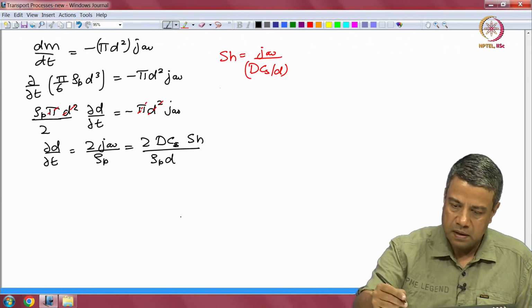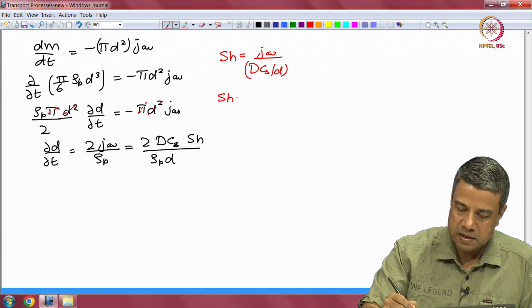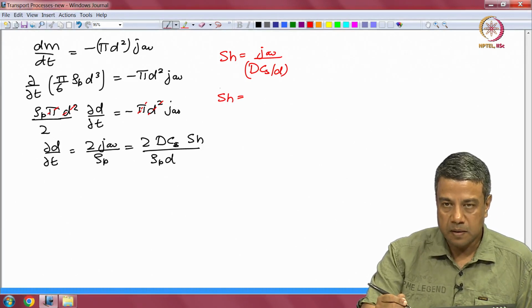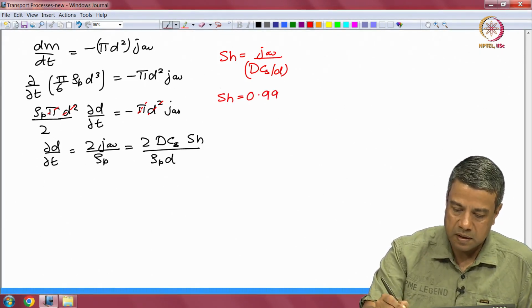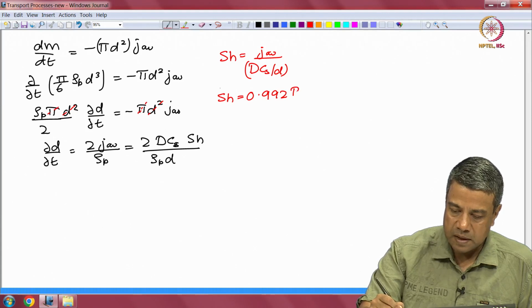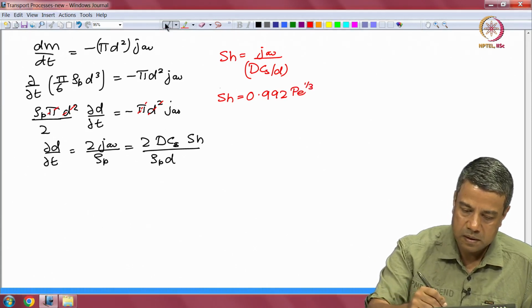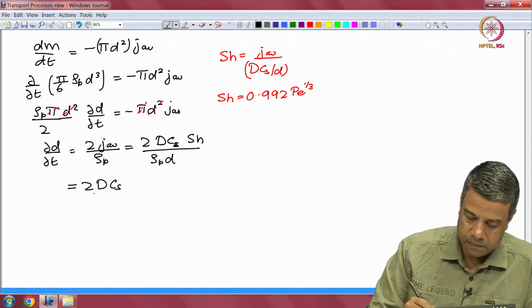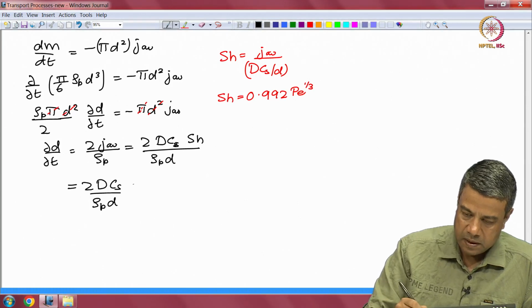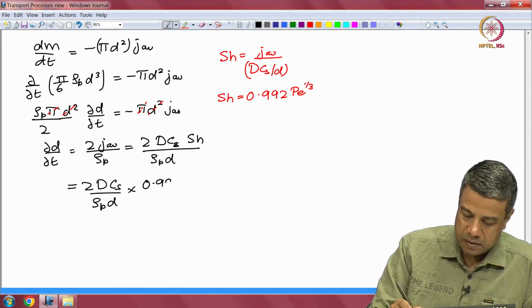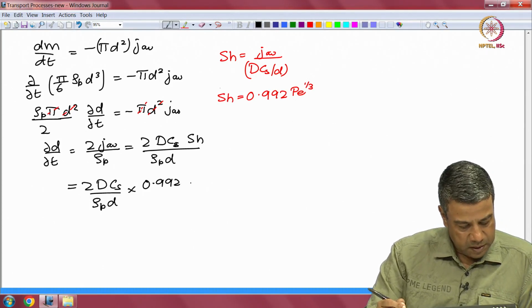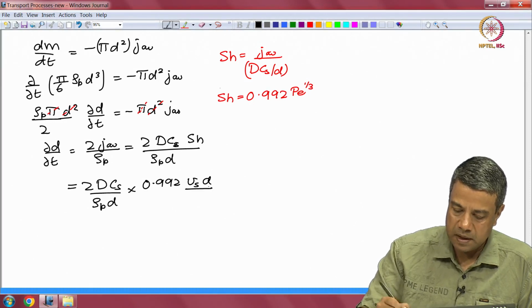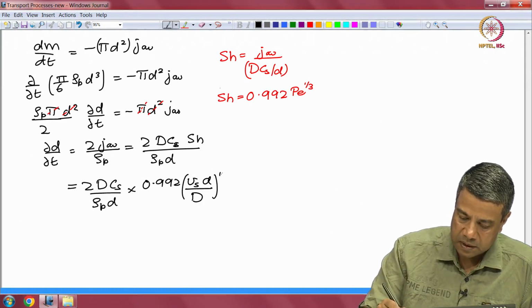And then the Sherwood number correlation, which is the same as the Nusselt number correlation in terms of the Peclet number. High Peclet number, low Reynolds number, 0.992 times the Peclet number to the 1/3, into the velocity of the sphere, Vc, times d by diffusion coefficient to the 1/3.